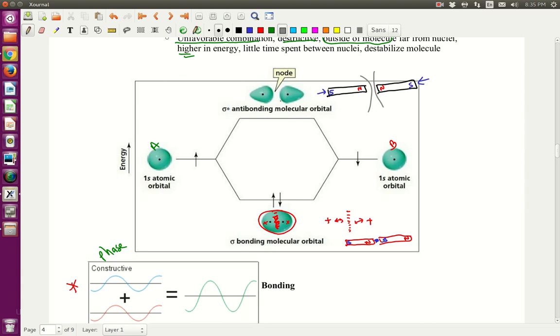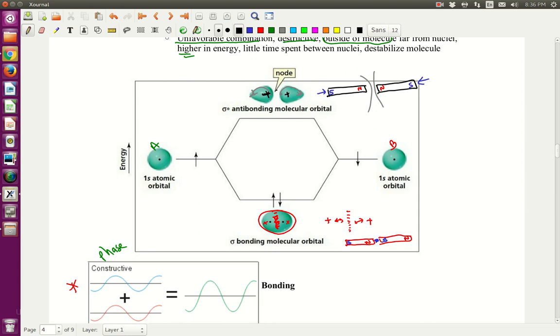Same thing with these electrons. Electrons are negative and negative. In this case, they are moving to the outside. So the negatives are on the outside now. They move out here. And that means these two positive guys are in the middle. Well, positives and positives are likes, and likes repel.